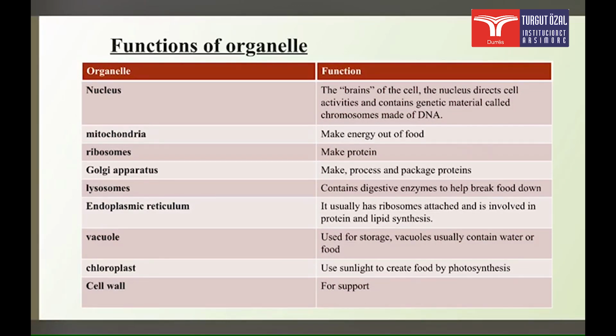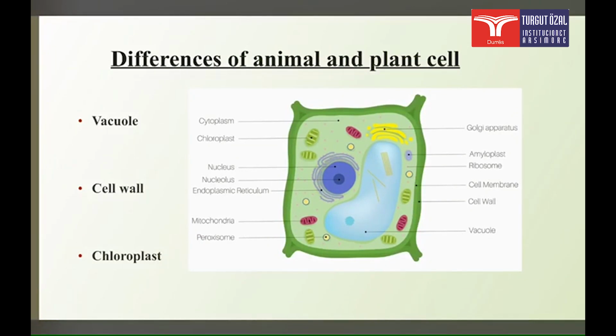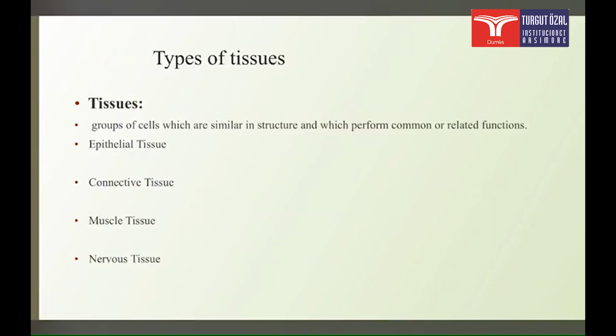Chloroplast uses sunlight to create food by photosynthesis. And the cell wall is for support. As we said at the beginning, the difference between animal and plant cells is that in plant cells are found three organelles: vacuole, cell wall, and chloroplast.